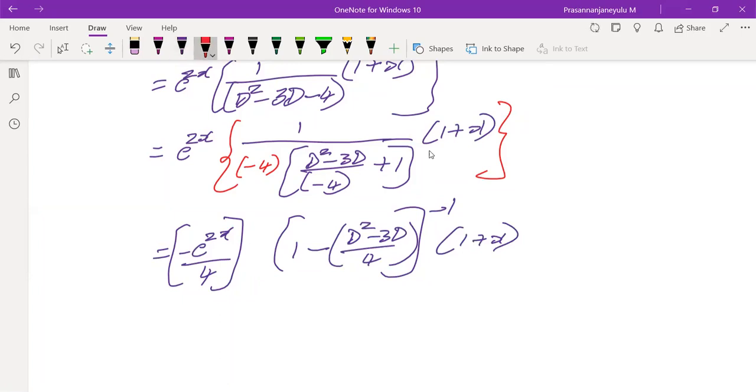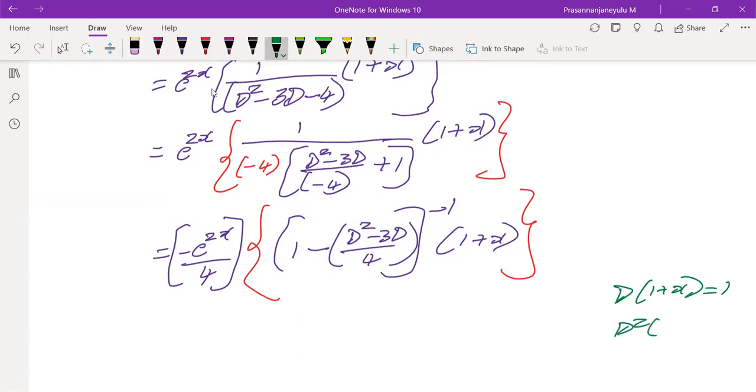This one only we discussed. Now observe it. It is in the form of 1 minus x whole power minus 1. But what is the differentiation of 1 plus x? d of 1 plus x is simply 1. What is the d square value? 0. d cube value 0. That means up to the first derivative only it is existing.